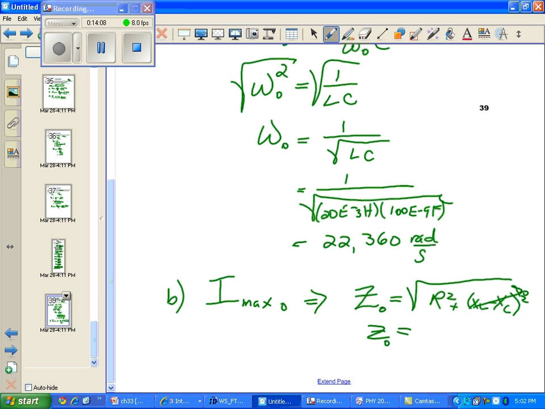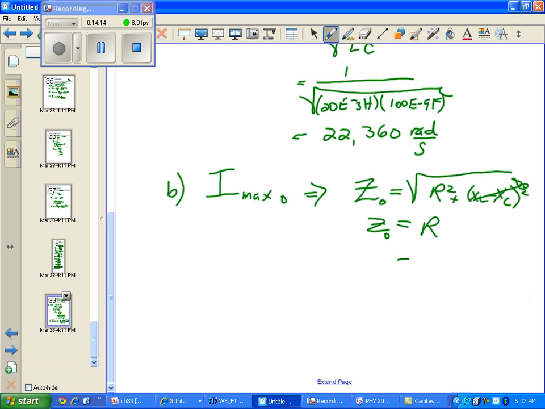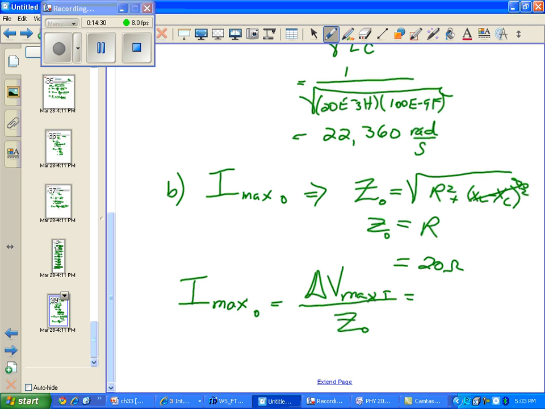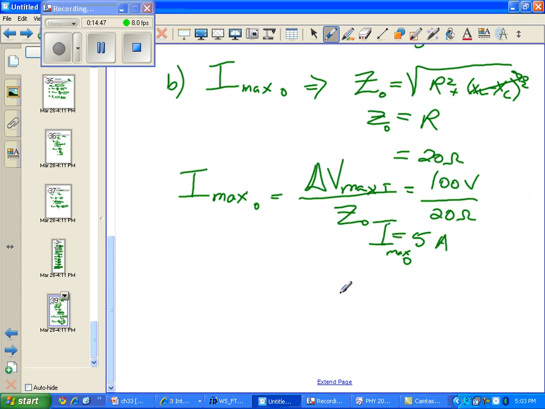That means that Z at resonance is just equal to R. Well, in this problem, R is equal to 20 ohms. So to get I at resonance, we use delta V max total divided by Z at resonance, and that gives us 100 volts divided by 20 ohms, which gives us a very large current of 5 amps. So that's our I maximum at a maximized value because of resonance.